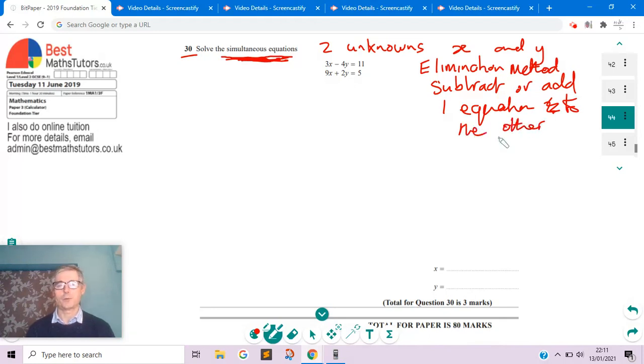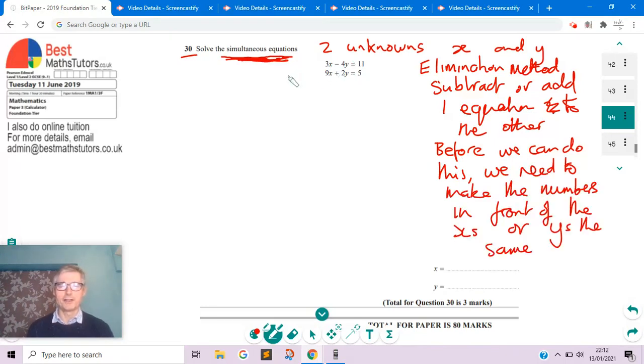So we can see the only problem is the numbers aren't the same at the moment in front of the x's or the y's. Before we can do this, we need to make the numbers in front of the x's the same, or the numbers in front of the y's the same.